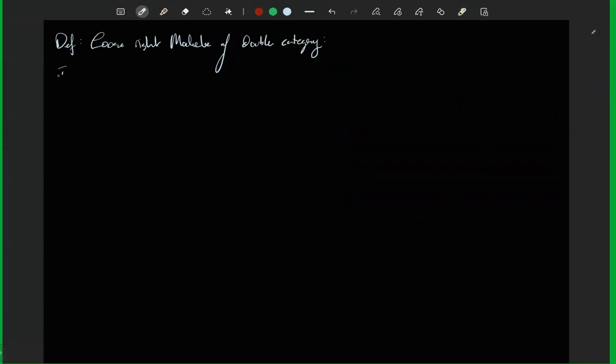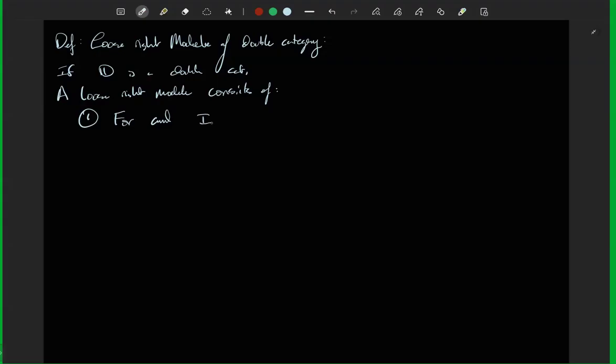If D is a double category, then a loose right module consists of, for any object, what I might call I instead of D because we'll often think of this as our interface double category, a set M_I.